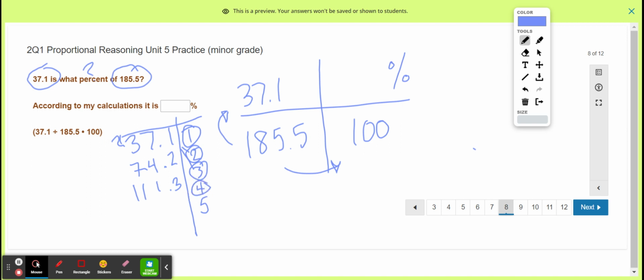Then we got 4. 4 times 1 is 4, and then 4 times 7 is 28. And 4 times 3 is 12, plus 2 is 14. And then we have 5. 5 times that is going to be 0.5, and we're going to get 185. So the factor here is dividing by 5 will take us 185 down to that, and then dividing this side by 5 will give us our solve.